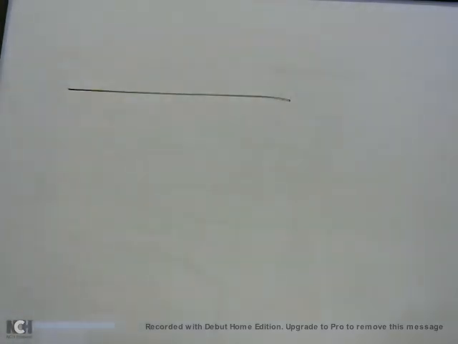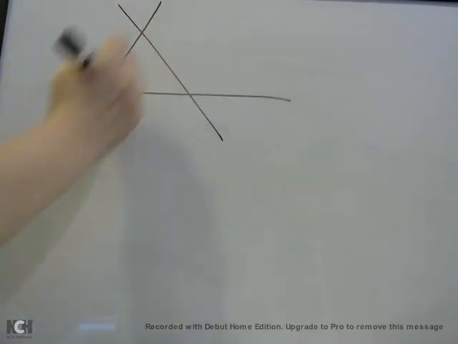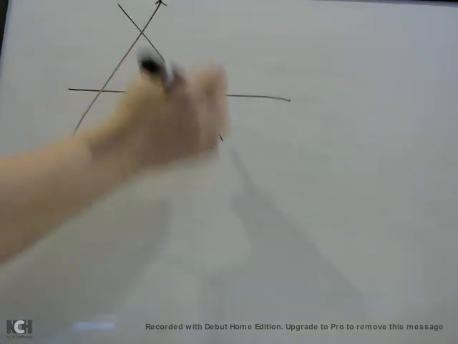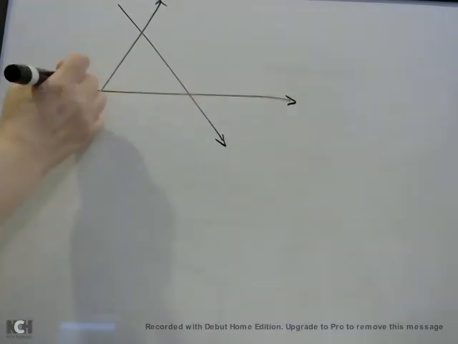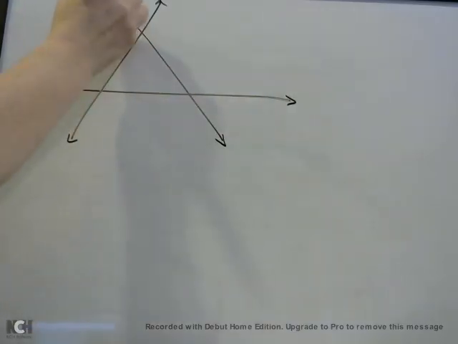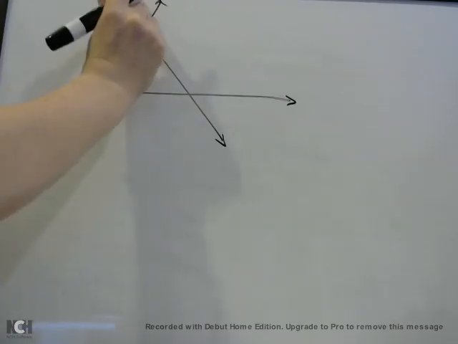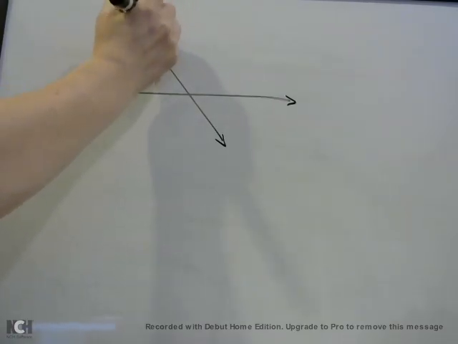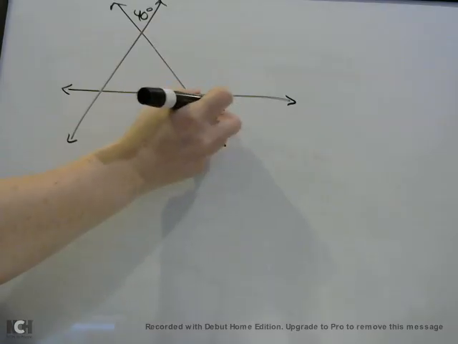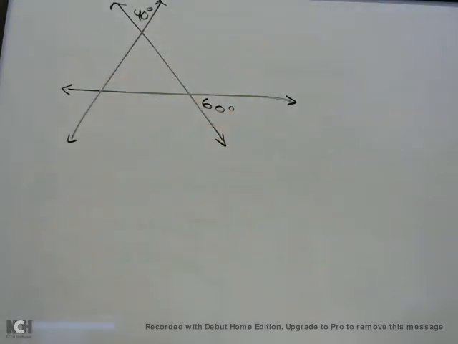If they give you a drawing that looks something like this, and these are all crossing lines, and they tell you this is 40 degrees, and this angle is 60 degrees, and they want to know what is the measurement of that angle, n. We're going to denote that by the variable n.